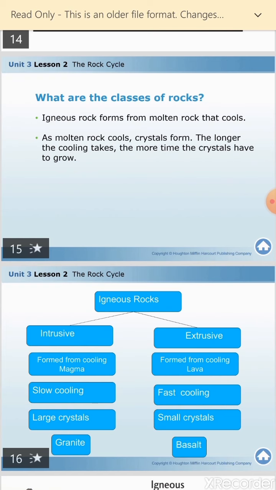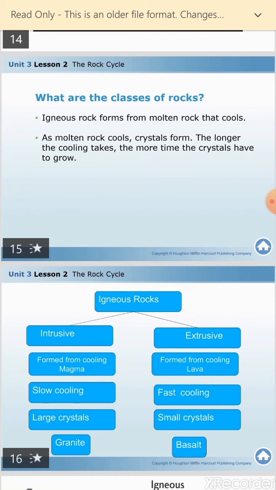Molten rock can be magma if it is under the ground, or lava if it comes above the ground. So the cooling can take place slowly or quickly. If it is deep under the ground, cooling needs more time, right?